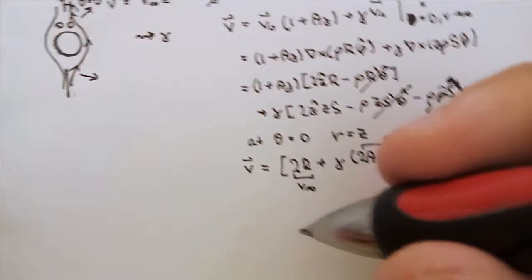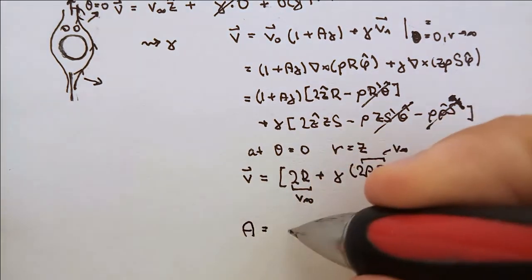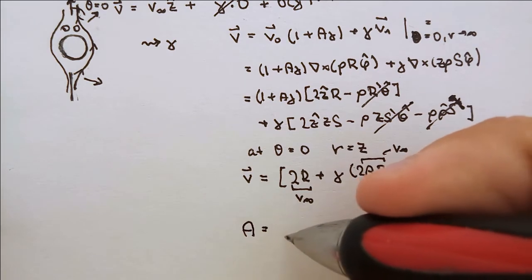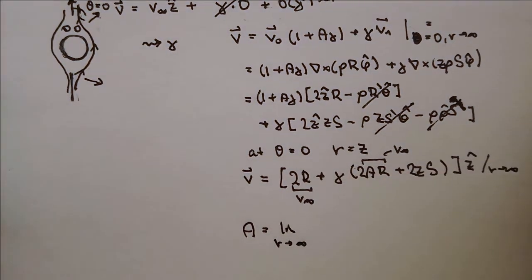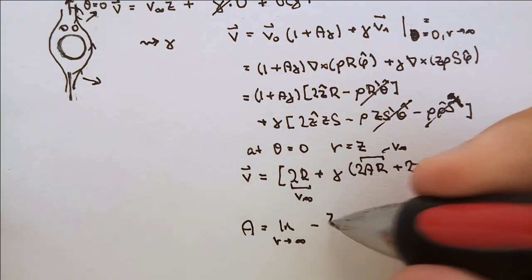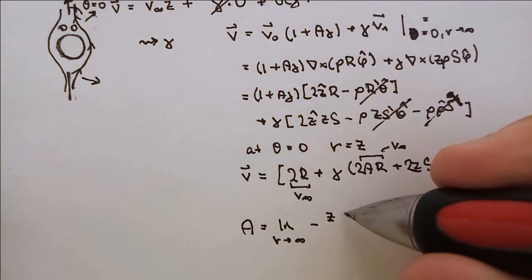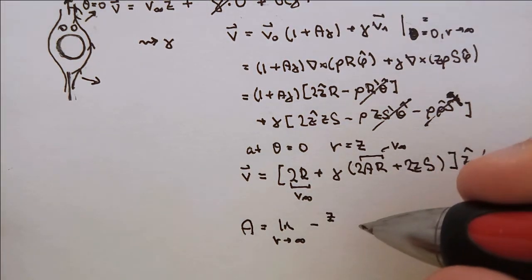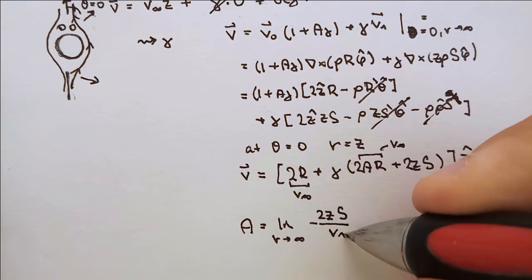So A should be the limit as R goes to infinity, times minus Z or minus R, it doesn't matter because R is Z when theta is 0, times S times 2 divided by V infinity.